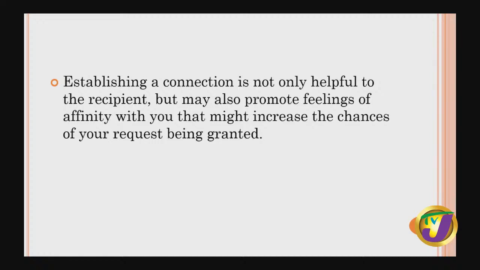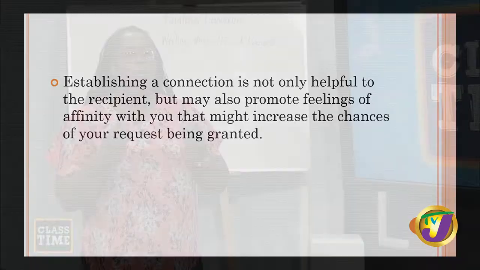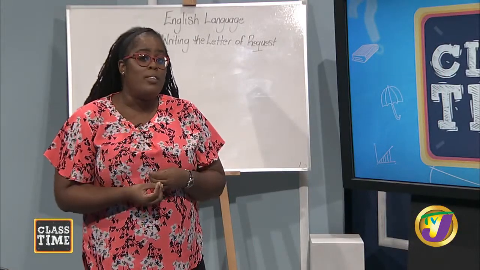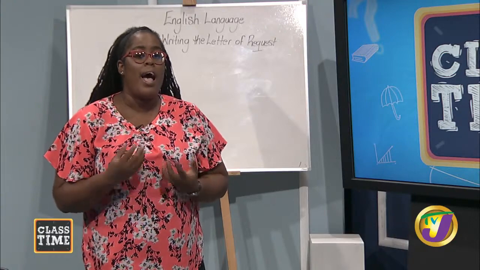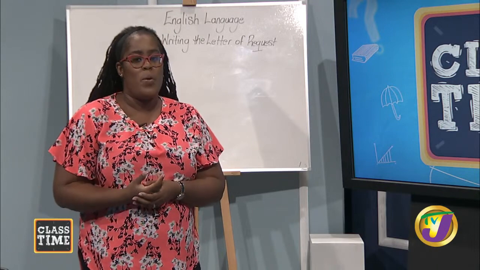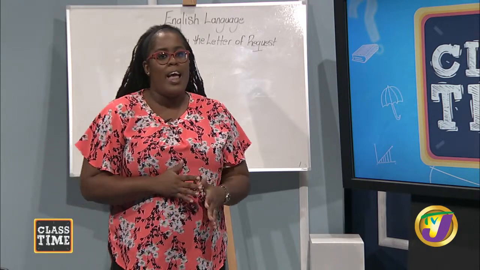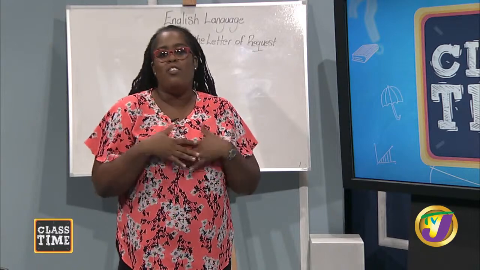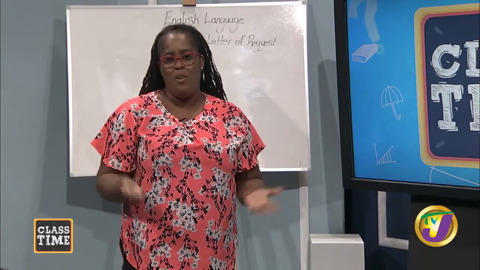All right. Now, remember, it is a letter of request that we are writing, and it is possible that whatever we're asking for may not be granted. But what are we doing? We're writing in a way that the recipient or the reader is not going to turn us down, or say no, right?